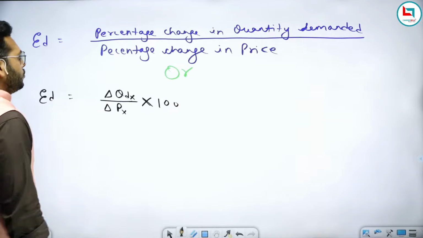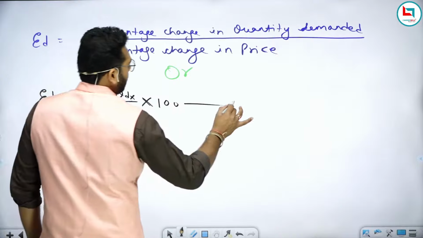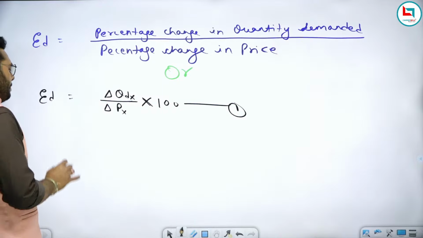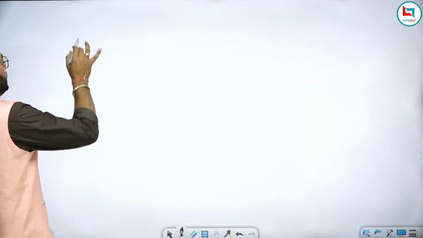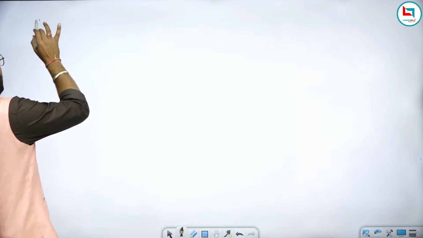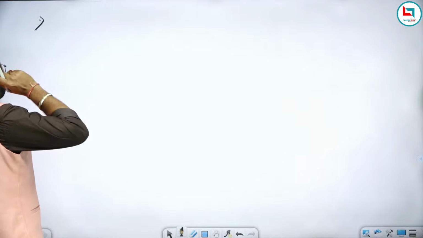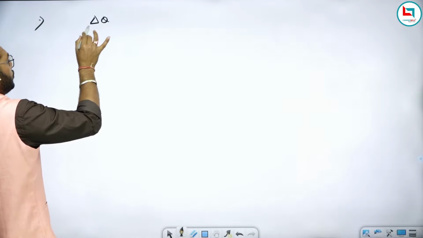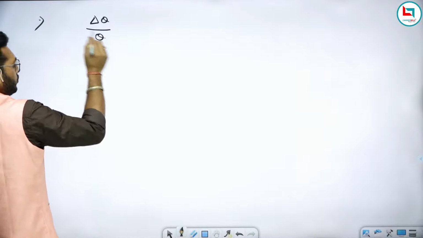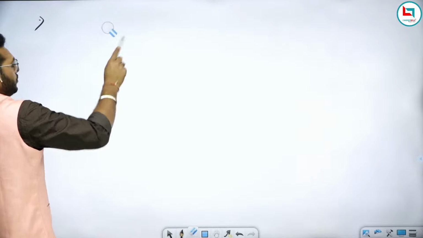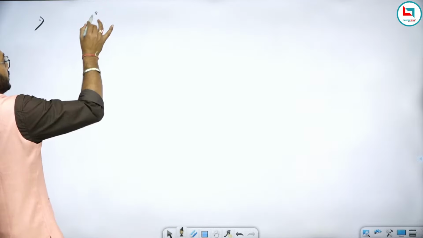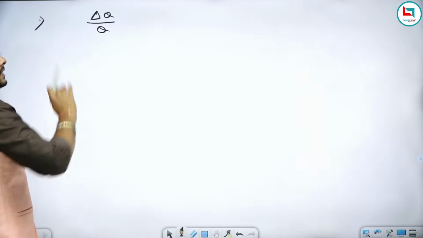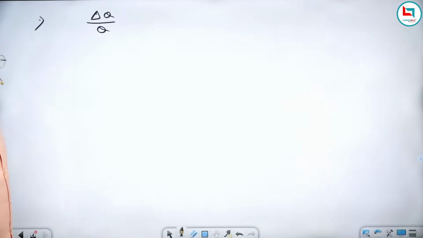Now we need to prove this formula, right? So first of all, as you all know, here I'm explaining all the formula. I'm telling what change in Q upon Q is. What is it indicating?